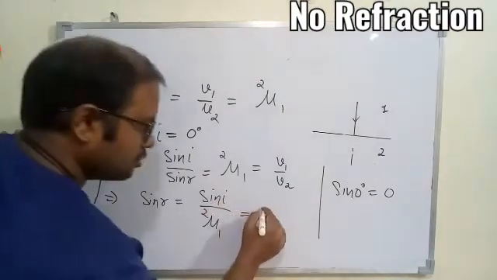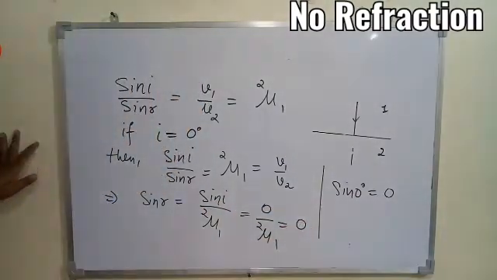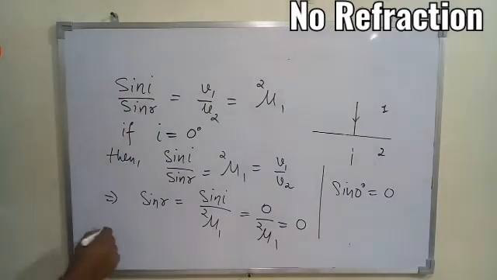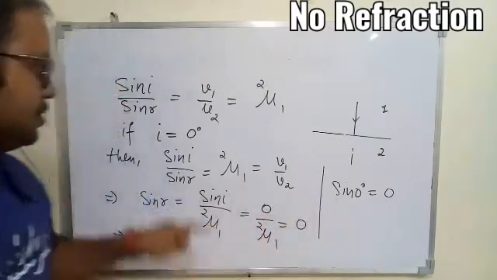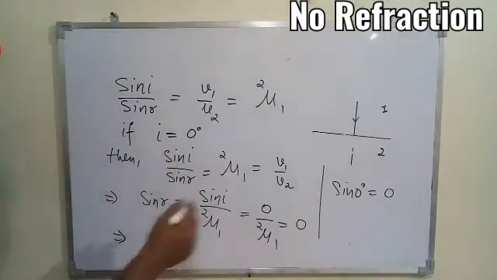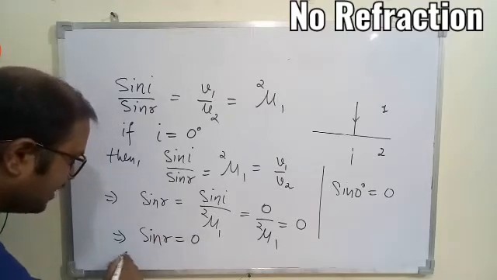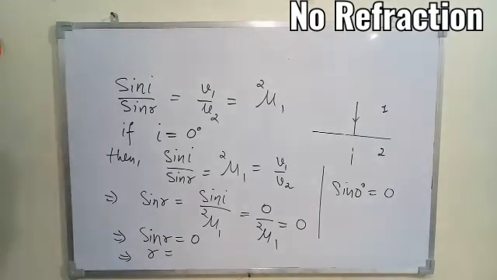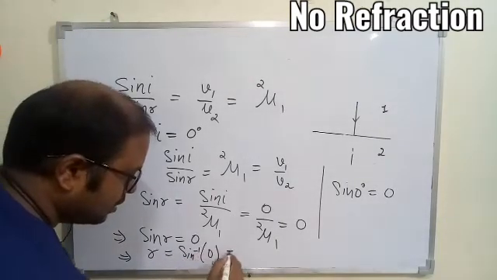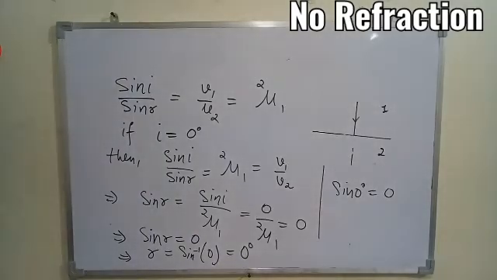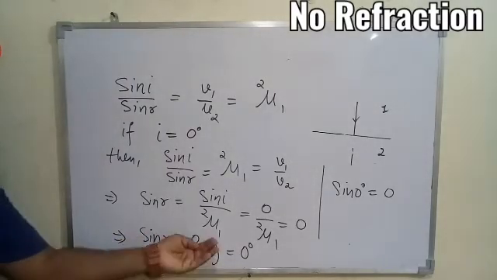So in place of this we can write this upon this, and finally it will come to 0 only. So if the angle of incidence is 0 degree, sin r is equal to 0. It means r is sin inverse 0, that is 0 degree. If sin r is 0, then r will also be 0 degree.